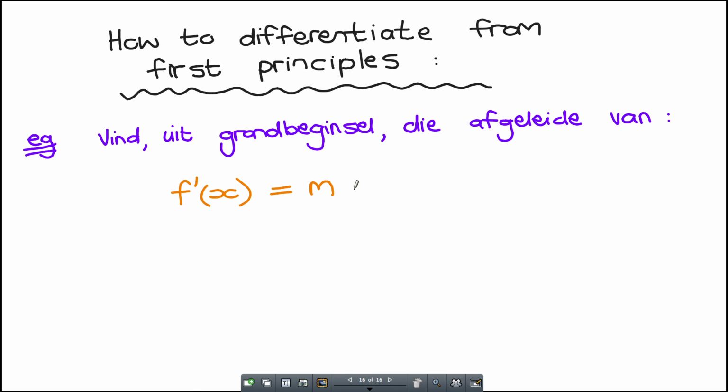So the first derivative is eventually, we're going to work towards that, going to give us the gradient of the graph. Okay? Good.